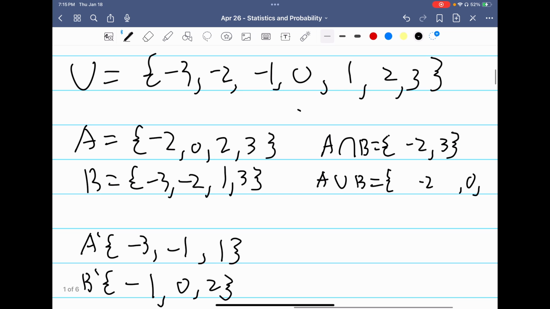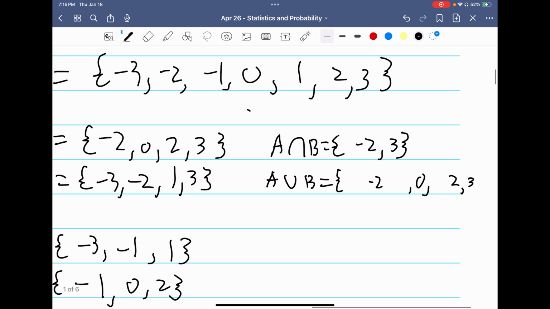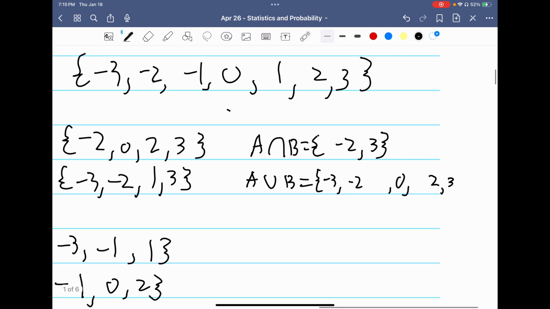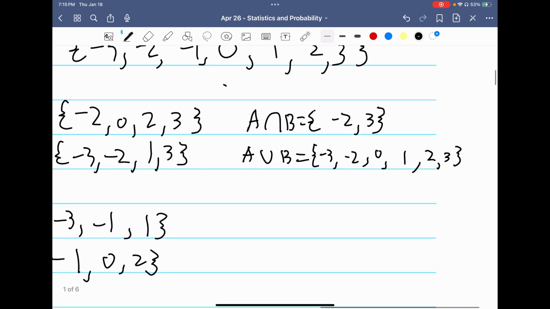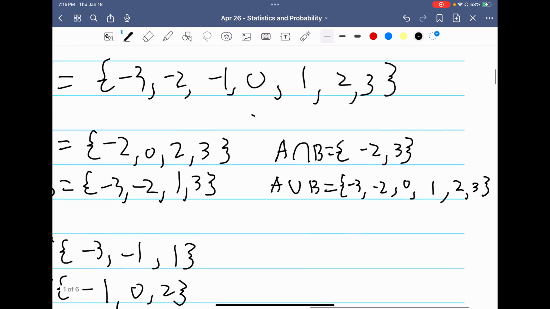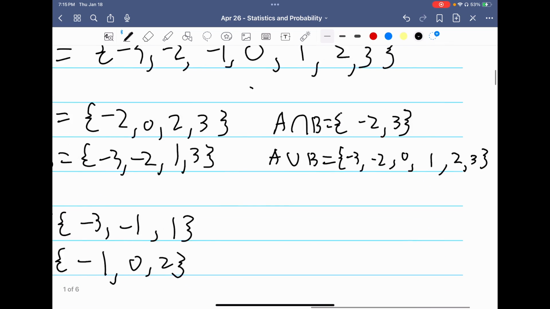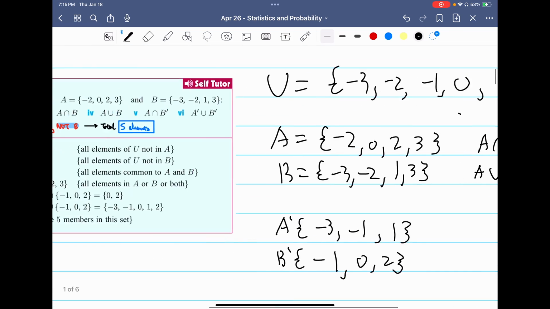Now I'm going to write all the numbers within set B. So -3, 1, and 3 is already in there, so I don't have to add another 3 or -2. You don't have to write the same number multiple times when we're talking about sets. So this would be A union B.